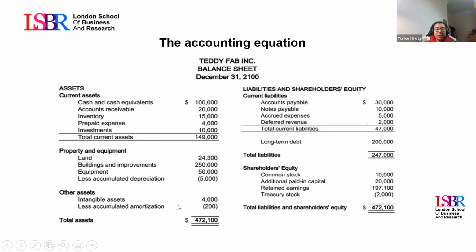We can see here assets, here liabilities, and here the equity. If you see, both sides are equal. They need to be equal because for every asset we need to have a liability or an impact in equity.